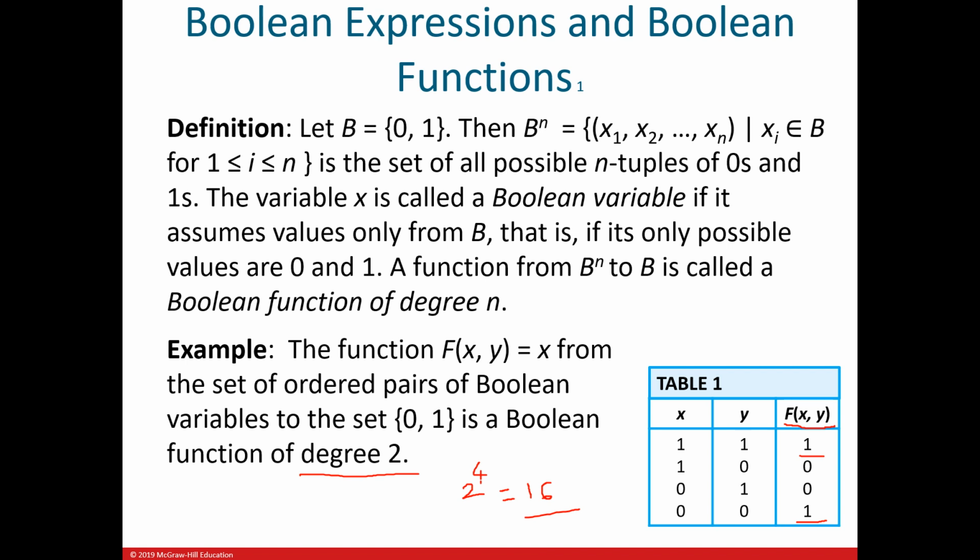So for all values of x, y, we can have one function giving all zeros, 0 0 0 0, one function giving 0 0 0 1, another function giving, let's say, 0 0 1 0, and so on till we have the function giving all values as 1.